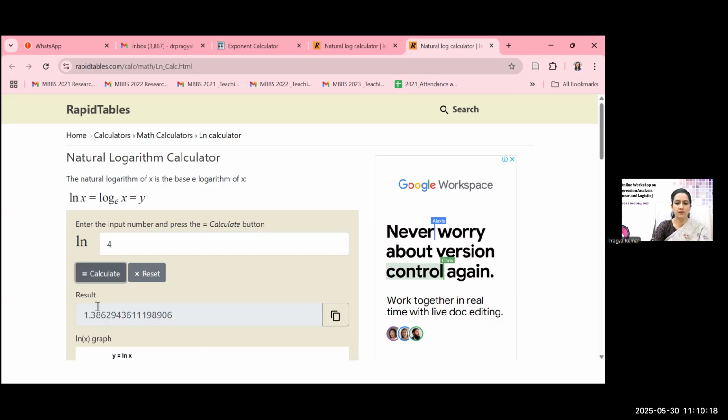And the other odds was 0.25, so instead of 4, if you write 0.25, then it will be minus 1.38. So only with the change in sign, now it has got a symmetry. The value is the same with a change in sign. That is what we mean by symmetry.